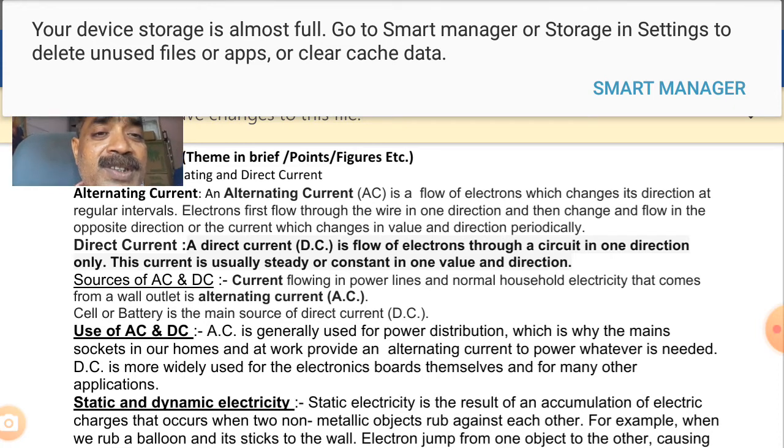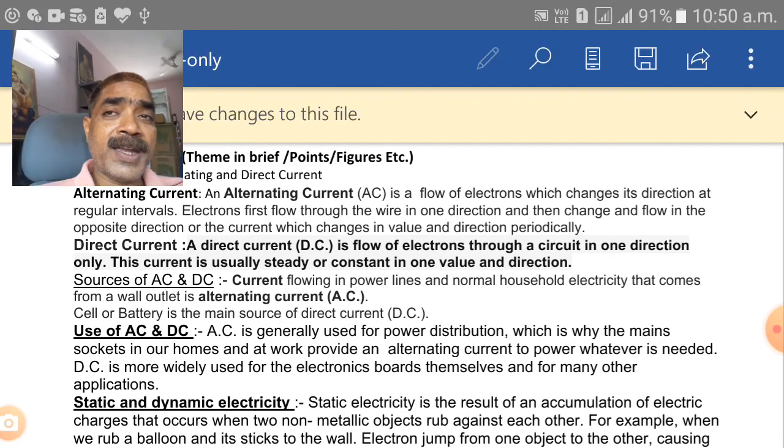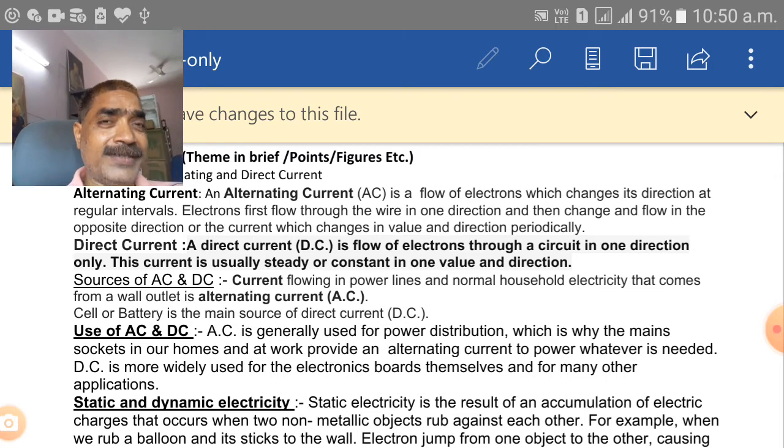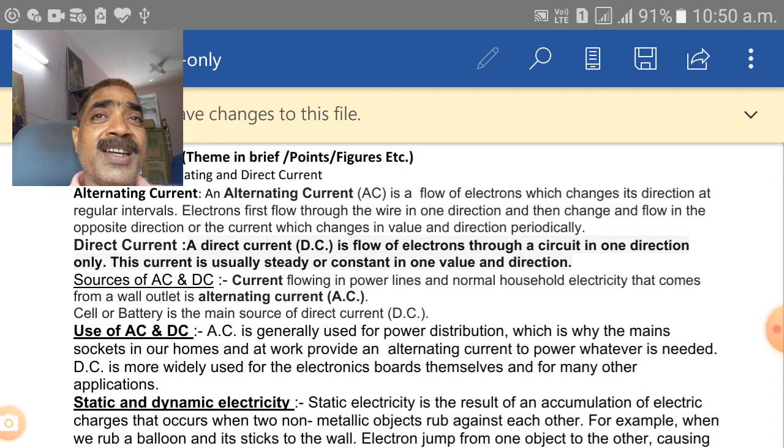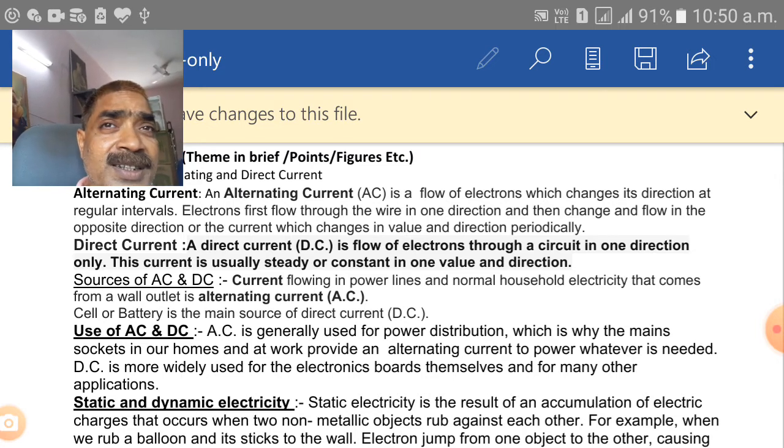So the AC is converted into DC for operating the TV. So you are looking, there is the mobile charger. Mobile charger is a small device, and it has a system that converts AC to DC.